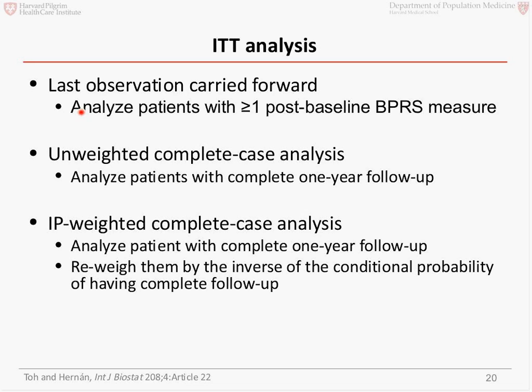And it's not uncommon for us to see this approach being used in randomized trials. I also did an intention-to-treat analysis that includes only patients who had completed one follow-up, and we discussed that this might introduce selection bias, so we also use IPW to adjust for this potential selection bias.